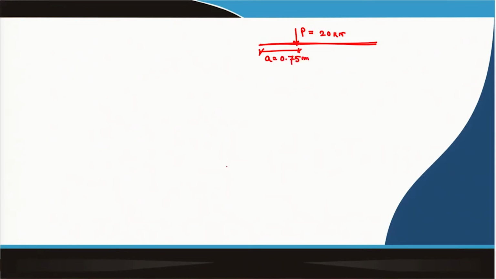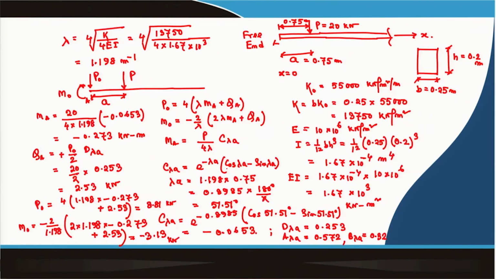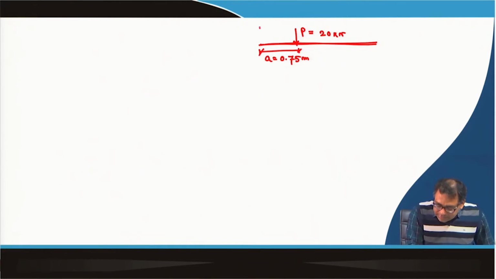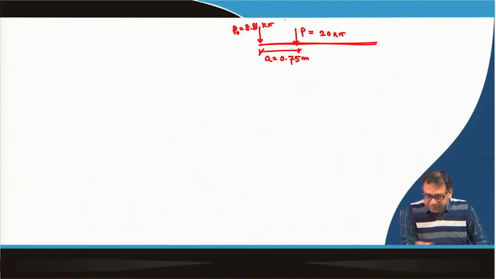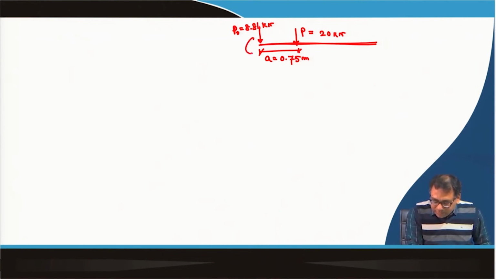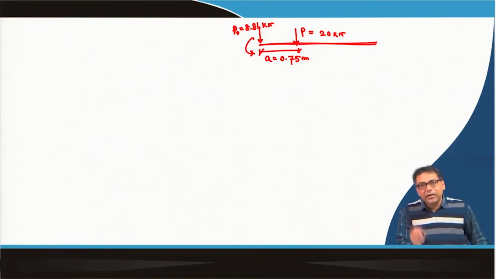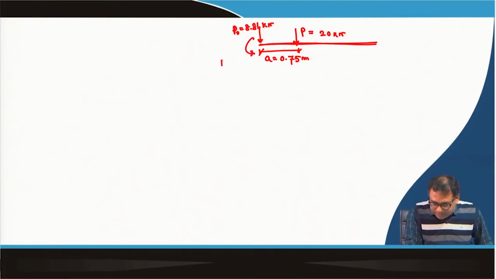Now, we have P 0 as 8.81, so P 0 is acting here, which is 8.81 kilonewton. And we have M 0, and M 0 is negative, so that is why I am giving this sign.